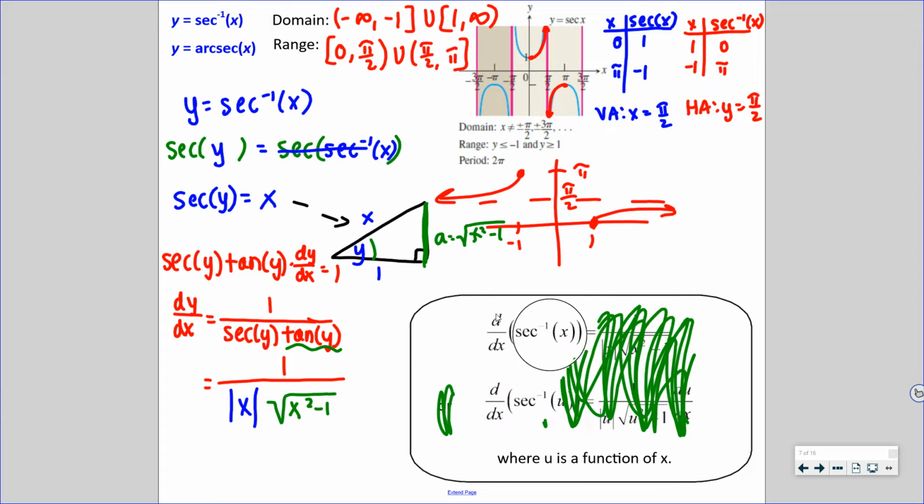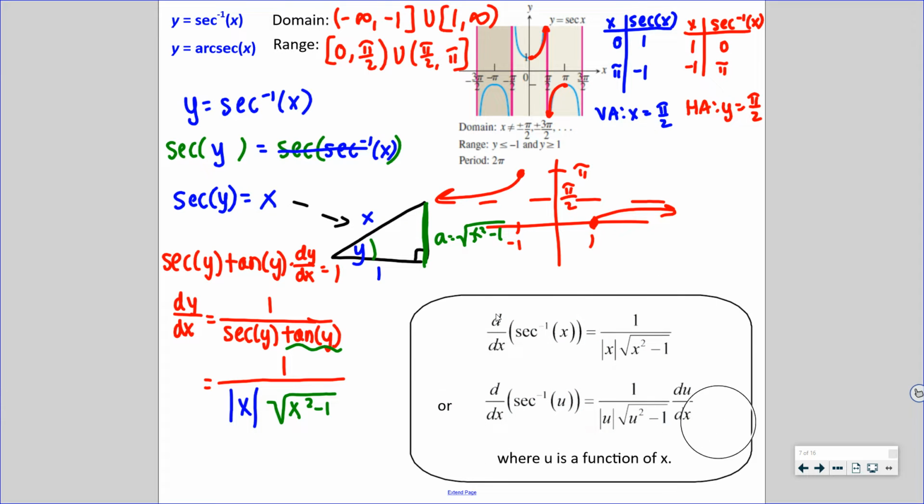Now this is fine. This is what I do want you to write down, but your textbook more commonly uses arc instead of inverse. So write the derivative of the inverse secant is what we just found right there: 1 over the absolute value of x times the square root of x squared minus 1 in the denominator.